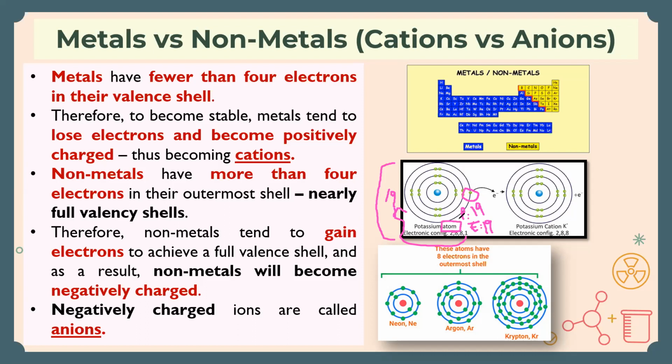The minute that potassium donates that one electron, let me use a different color to highlight that, that one little electron that's all alone in the outermost shell, the minute that it donates that to chlorine or fluorine or any of those group 17 elements, it actually loses that electron. So if we look at our potassium cation now, can anyone in the chat box write down how many protons and electrons will exist now in the potassium ion or the potassium cation?